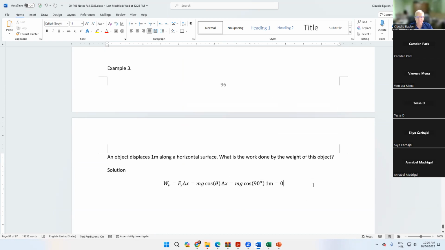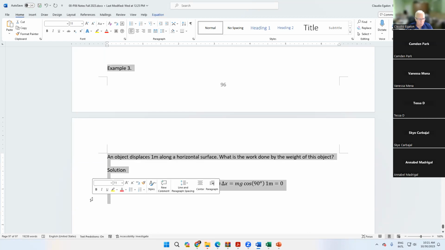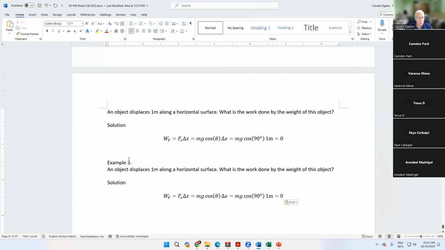So even if I don't tell you the value m of the mass of the object, you still can solve the problem numerically. And then we can move on to the next example.